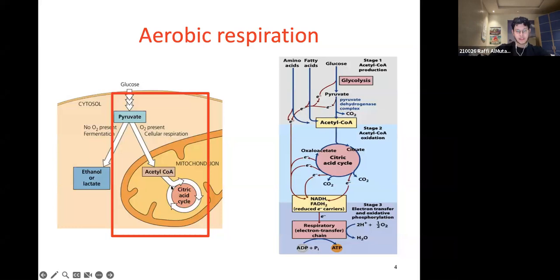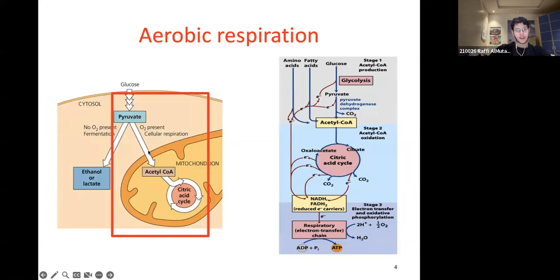Now, before we get to the TCA cycle, we have this molecule called pyruvate. Pyruvate comes from glucose, and the process of converting glucose to pyruvate is called glycolysis, which is this thing right here.